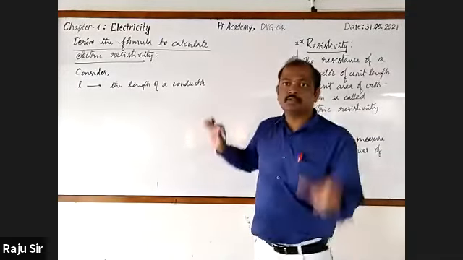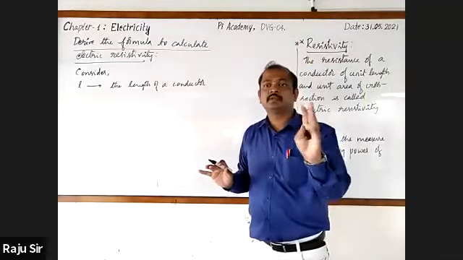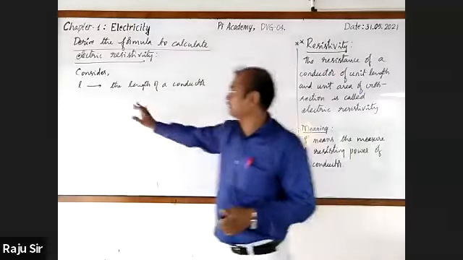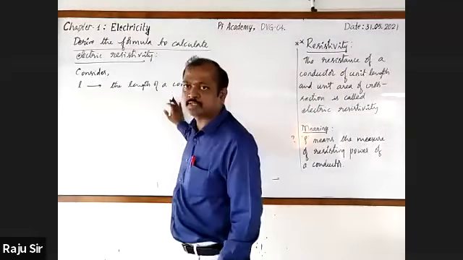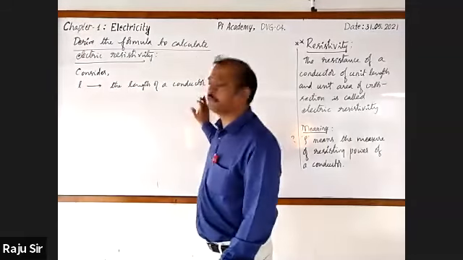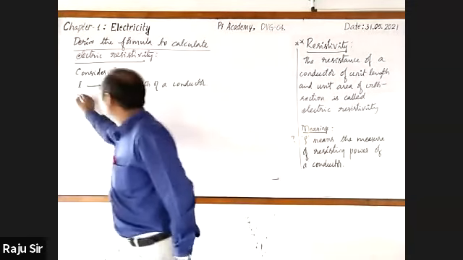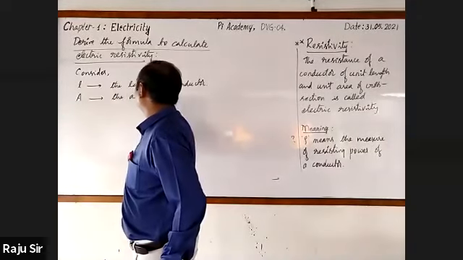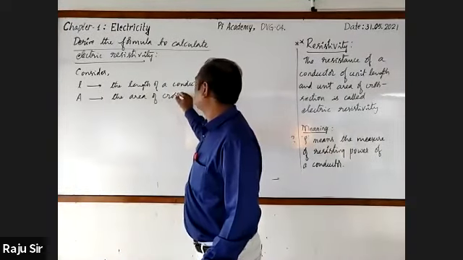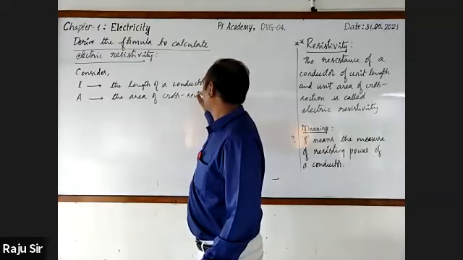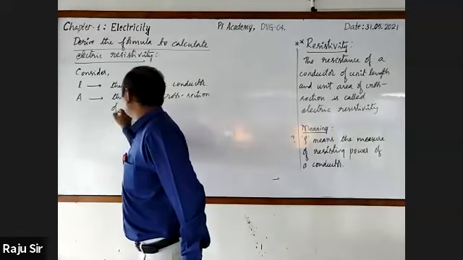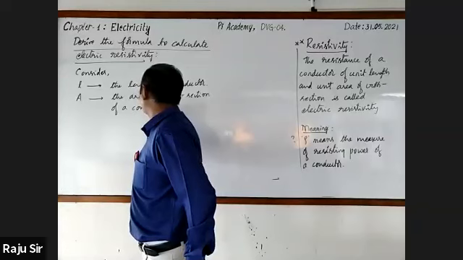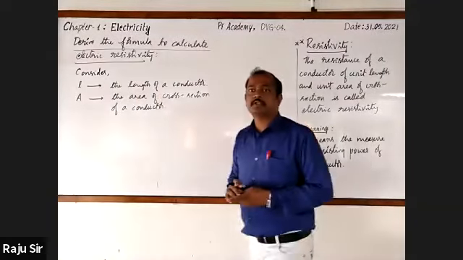Earlier I had shown just a short form for explanation purposes, but now I am giving detailed information. Copy the same: L is the length of a conductor. Then A is the area of cross section of a conductor.